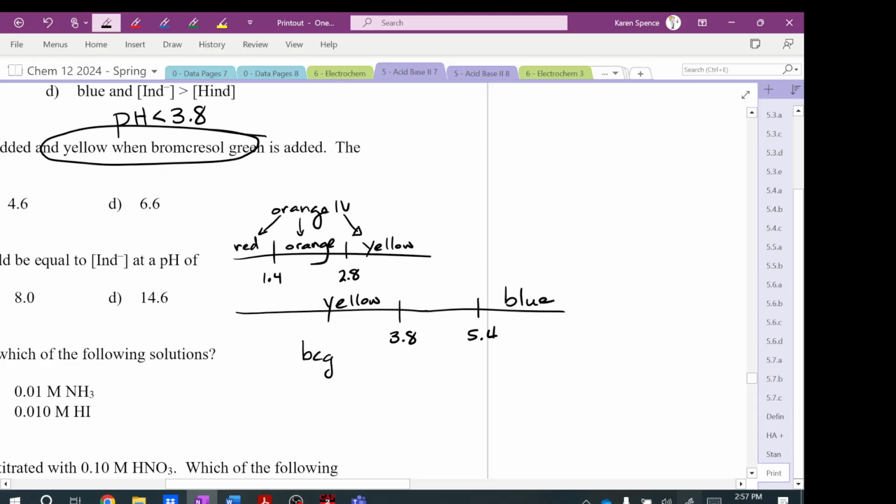So below 3.8 it is yellow, above 5.4 it is blue, and in between the two it is green.